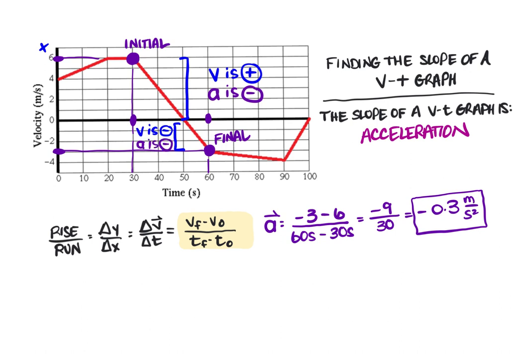And when velocity and acceleration are in the same direction, that means the object is speeding up in that direction. And sure enough, at 50 seconds, we have 0 velocity, and at 60 seconds, we have negative 3 meters per second, or 3 meters per second of speed in the negative direction.